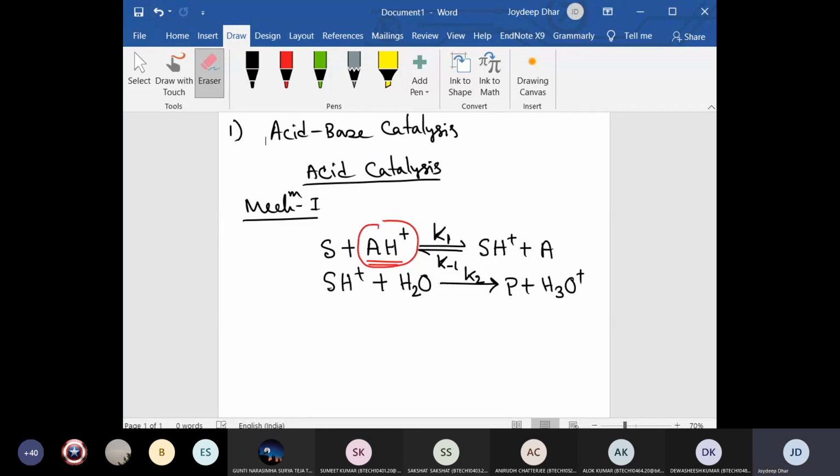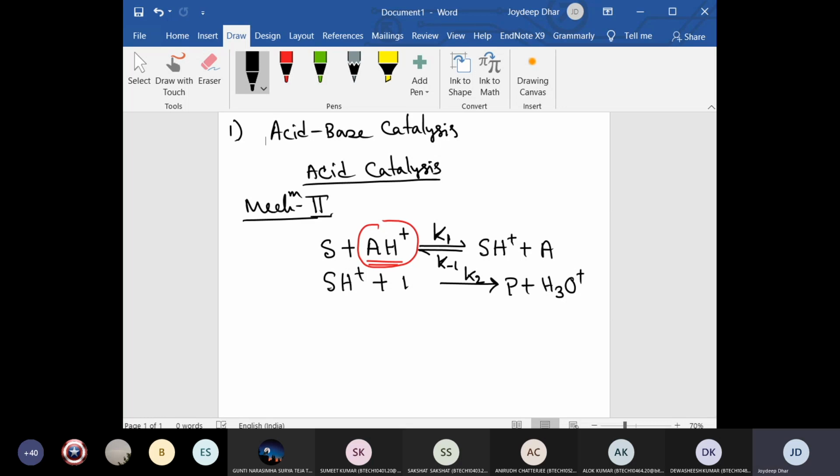other than water, you should have a base, which can accept the proton from the intermediate to give the product.